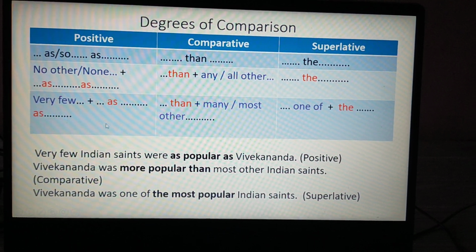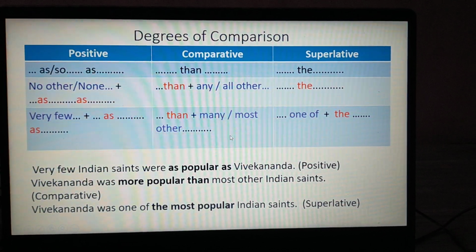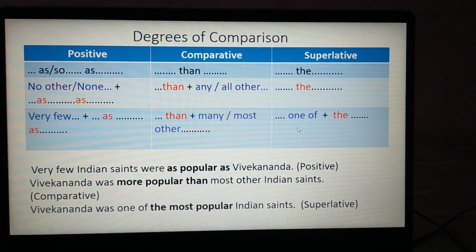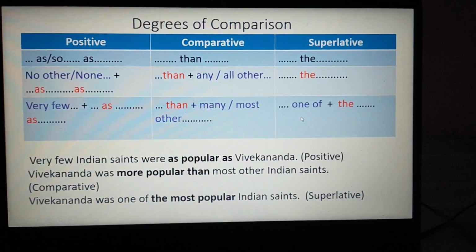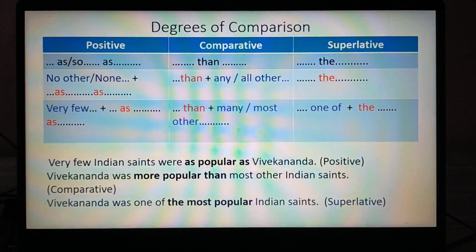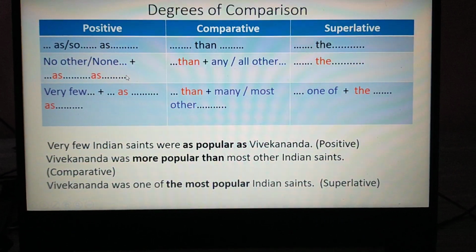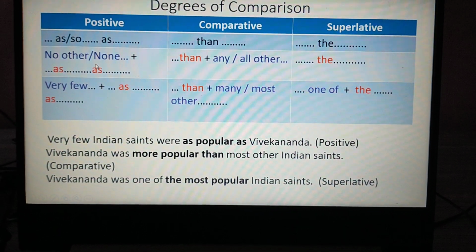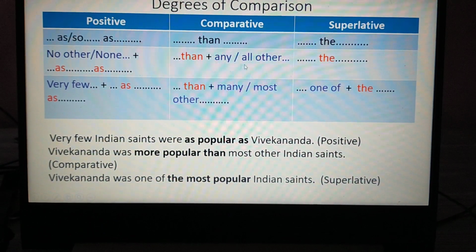So very few is used when we have a plural noun. And if you are using very few, then of course in the comparative we have to use many or most, and in the superlative we have to use one of the. So this is the combination that we have to use in the examination. Like for example, if in the positive degree you are making the sentence with no other, none, make sure that you make the sentence in the comparative degree with any or all other.